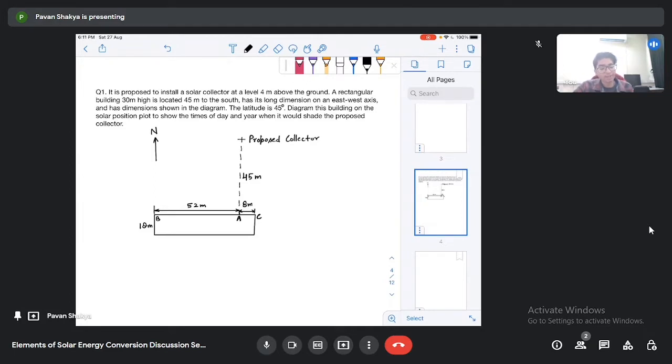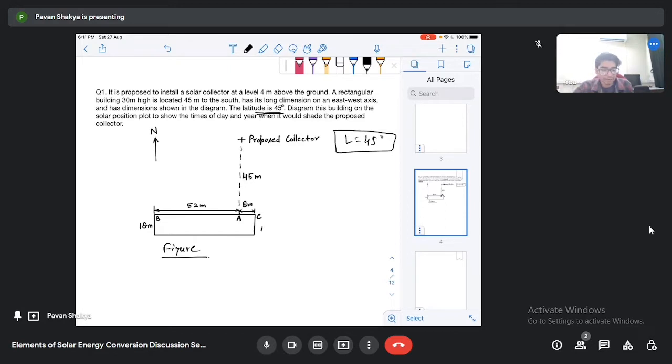The latitude is 45 degree. Diagram this building on the solar position plot to show the times of day and year when it would shade the proposed collector. So you will see that here the latitude angle is fixed. It is given in the problem that L is 45 degree.